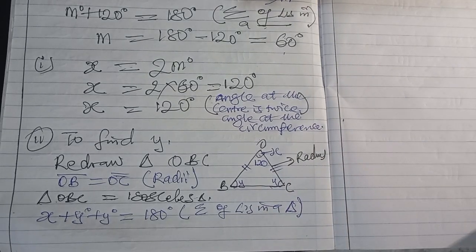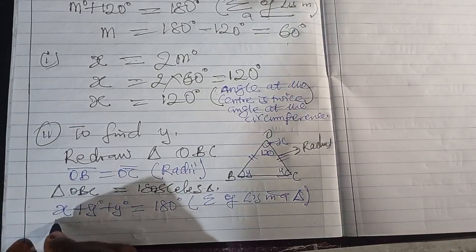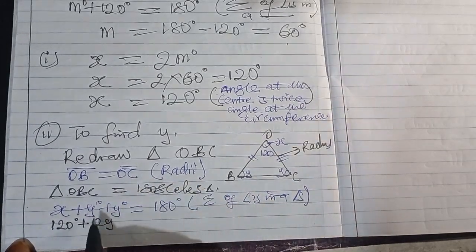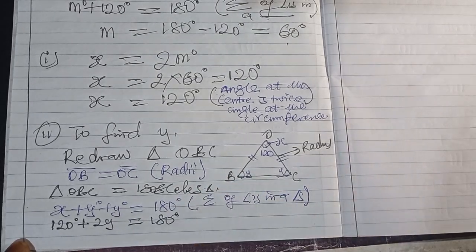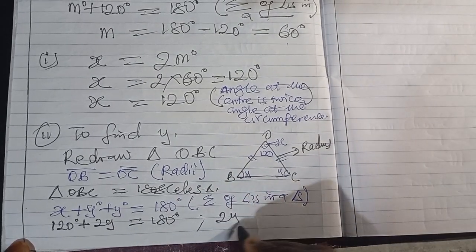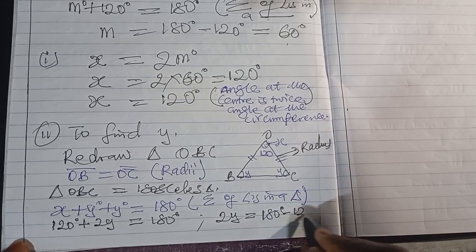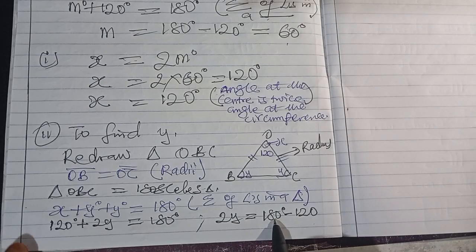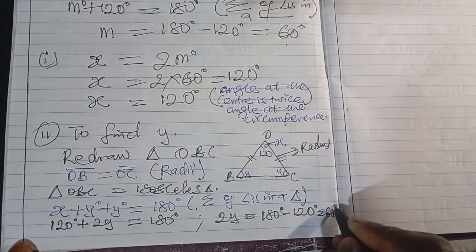But we know the value of x, so we can substitute 120 degrees plus 2y, because y plus y will give us 2y. This is 180 degrees. So 2y will be 180 degrees minus 120 degrees, which is 60 degrees.